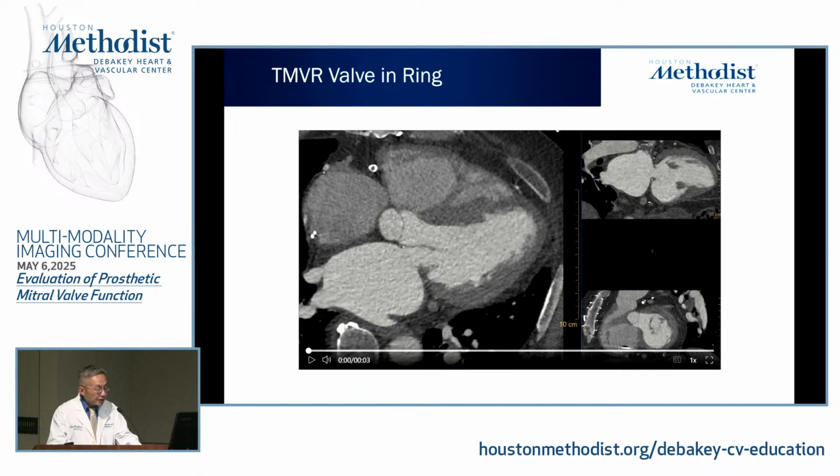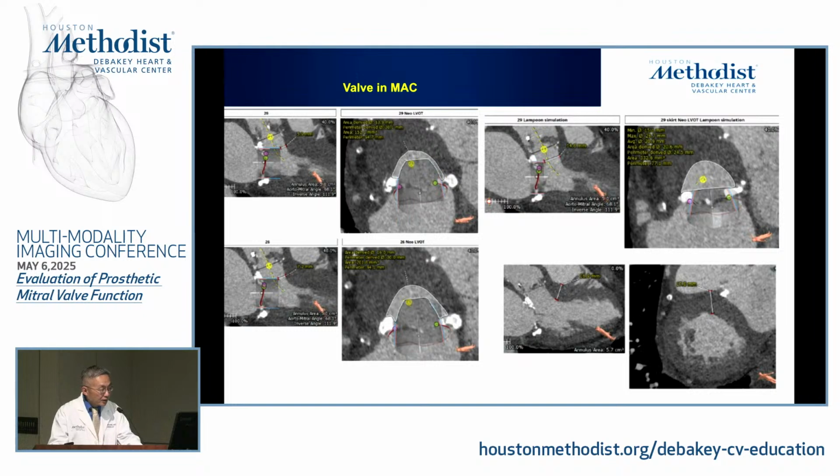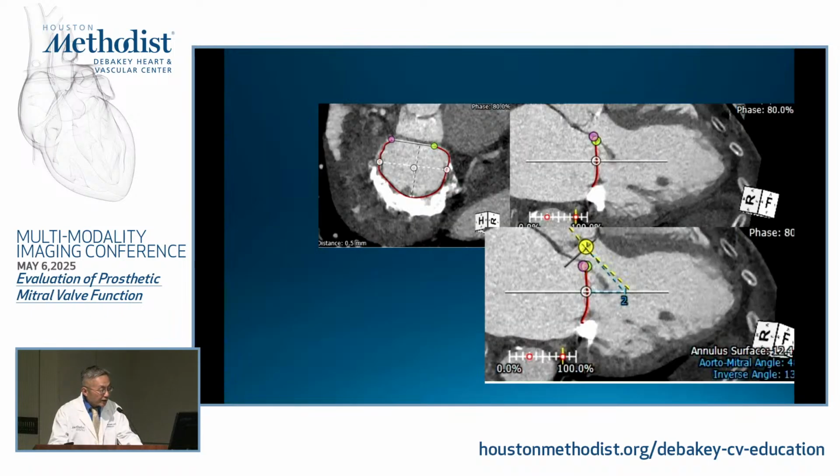So this is a case of a patient with a prior ring. And this is one of the things that we do a lot here, planning with special software to see the risk for neo-LVOT obstruction.